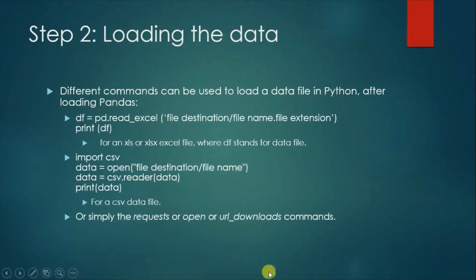There's also another way where you can use the open method. Just simply write open and then the file, or you can use the url download command, which is mostly for files that are available online. So you can use their url, give information about that to Python, and then use the file.